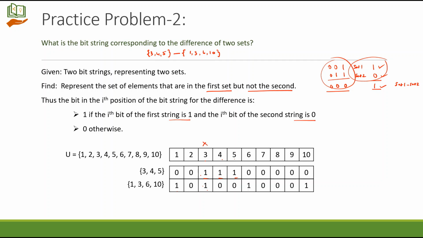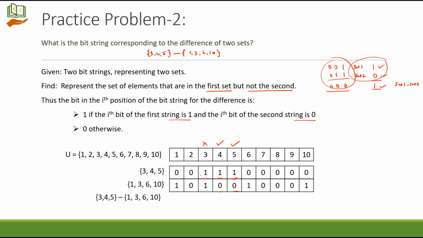What about 4? 1 is present in the first set, 0 is present in the second set. So this element can be included in the result of the difference operation. What about 5? 1 is present in the first set and 0 is present in the second set. So this 5 also can be included in the difference set.